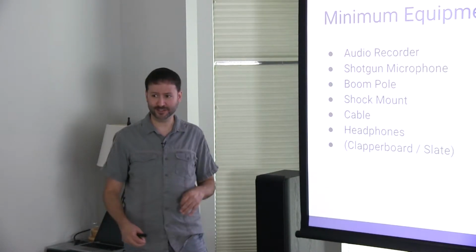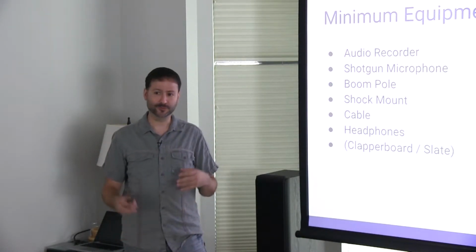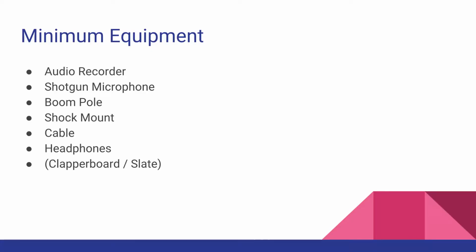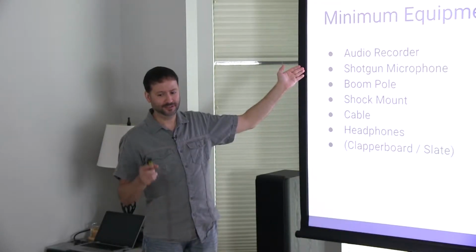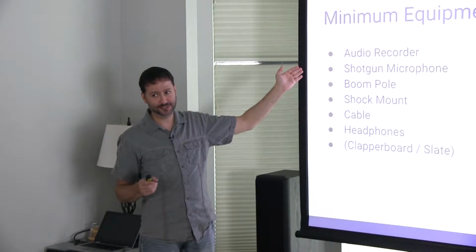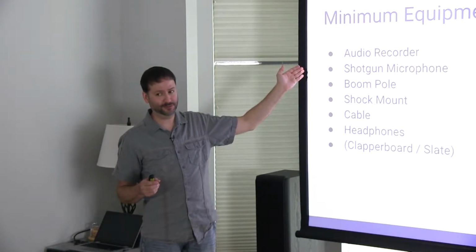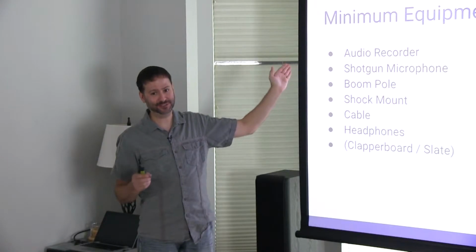I'm going to talk more about why that's bad. This is what I want you to have: some kind of digital audio recorder. You should have at least a shotgun microphone. The reality is, for indoor dialogue, I don't use this shotgun microphone most of the time. But if you're only going to have one microphone, it should be a shotgun microphone.